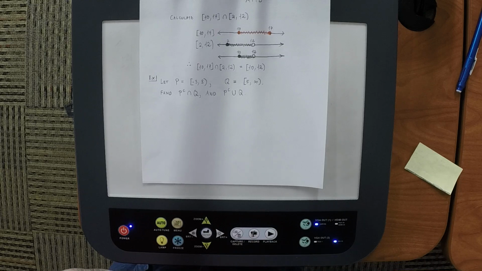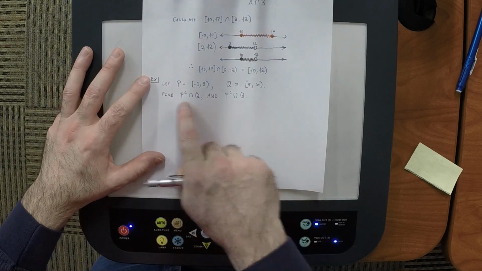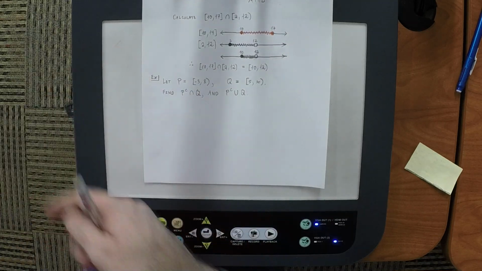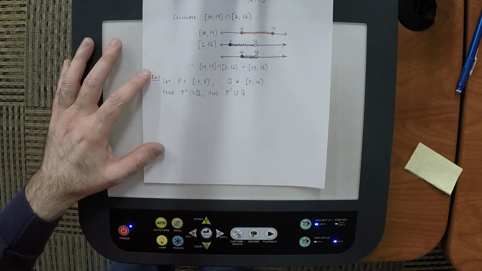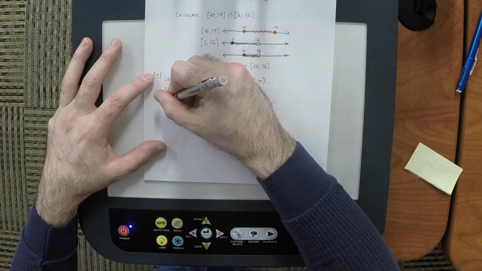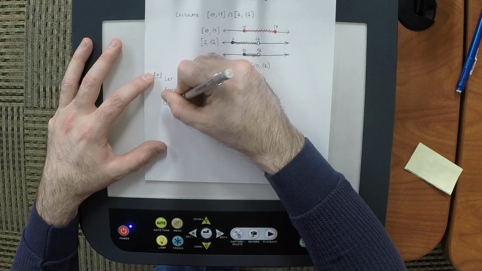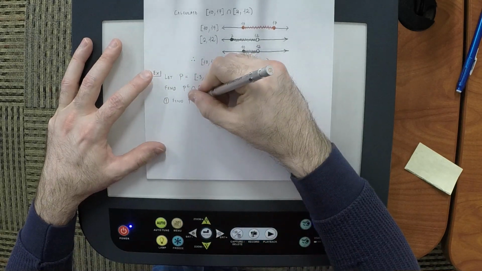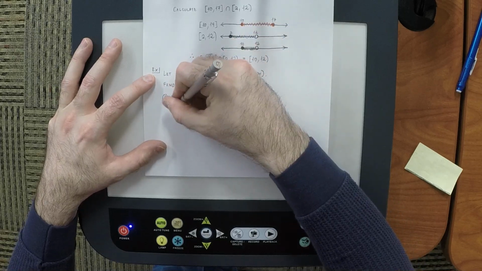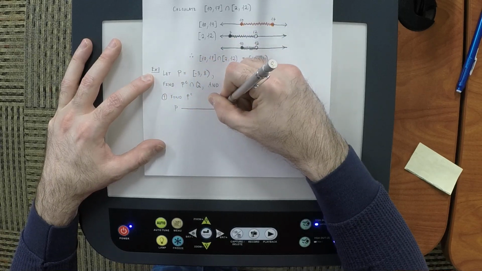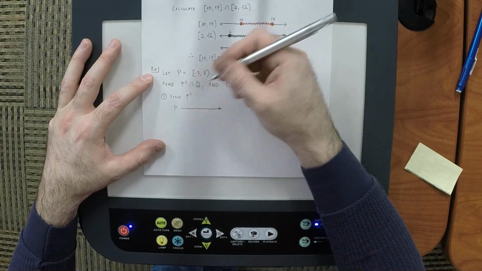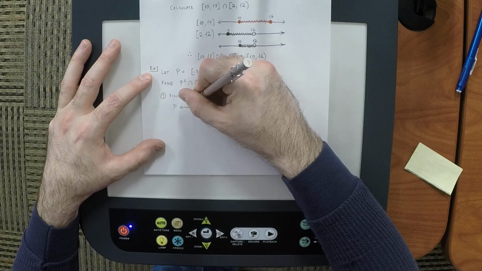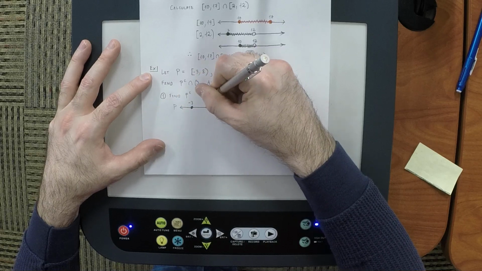So it seems to me that a good strategy for this, since P complement is used in both places, maybe we'll just go ahead and compute P complement now. So, sort of like step 1 here. Find P complement. So if this one is P, then that would be like this. -3, 8.